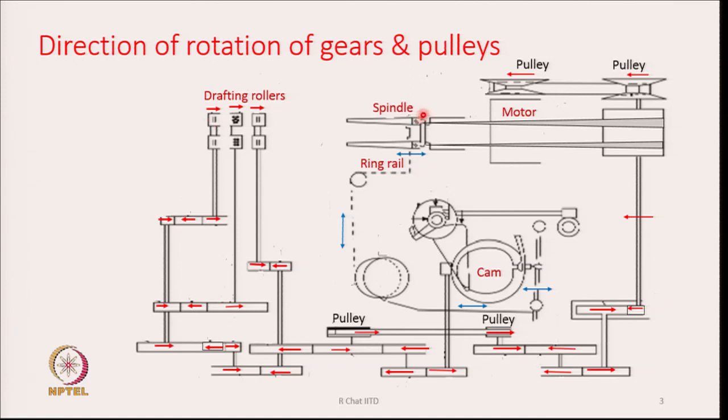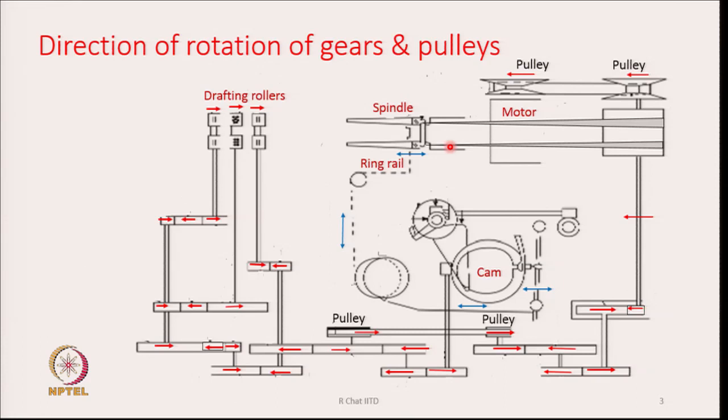Similarly, the spindle should also rotate in a direction so that we get not only the desired level of twist, but also the twist in the right direction. We all know that the twist in the ring spinning machine we get is in the Z direction. We always produce Z twisted yarns.